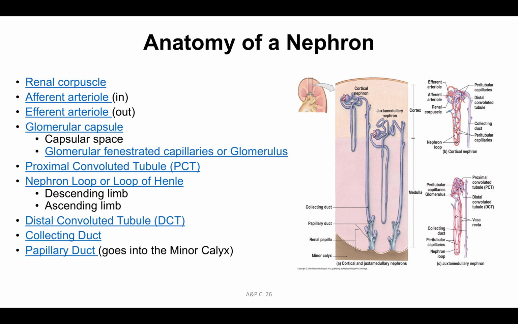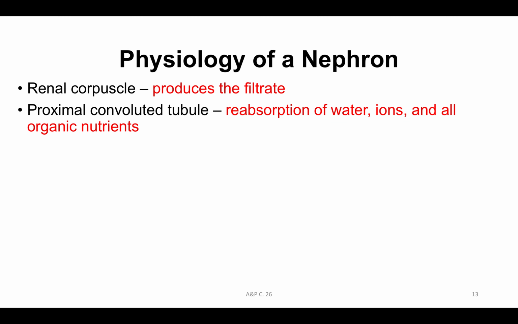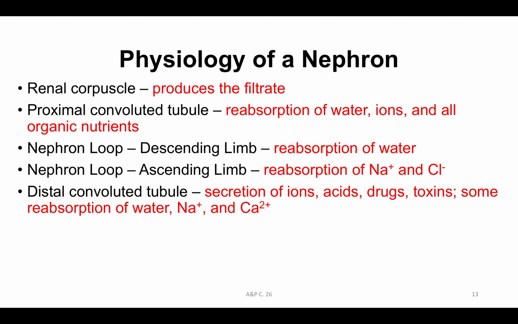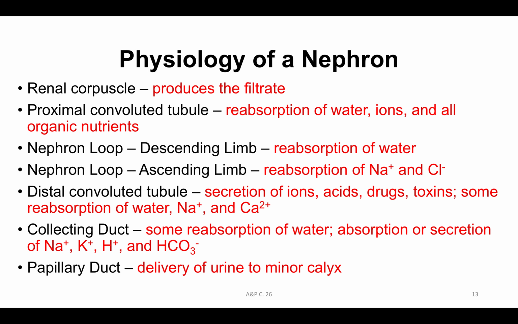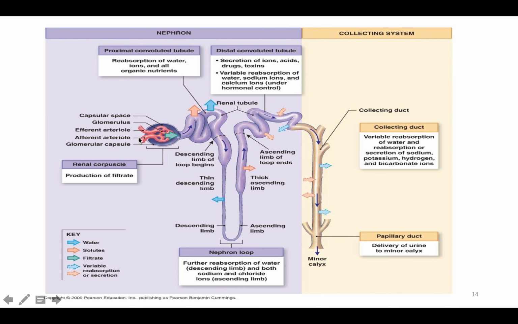So the anatomy of the nephron, the nephron's a pretty complex structure, very tube-like and twisty. You're not going to have to label a nephron, but what you will have to do with this anatomy is be familiar with what each part of that nephron does, so the physiology of the nephron. When we're looking at a nephron, where blood is going to enter is at the renal corpuscle, and that is what's going to produce the filtrate, what is actually going to be filtered through this nephron.